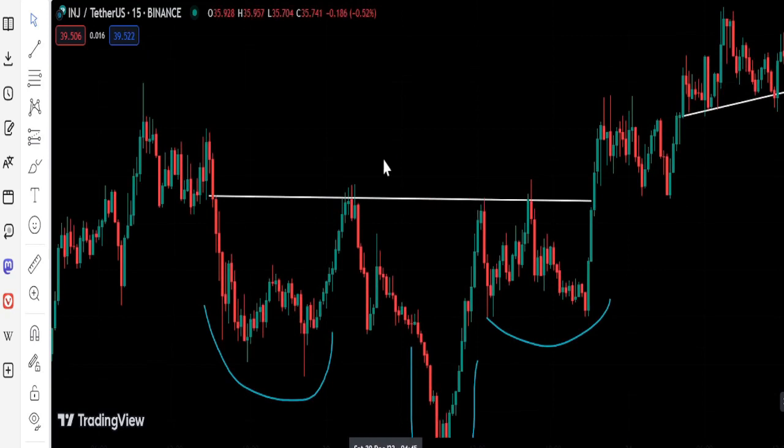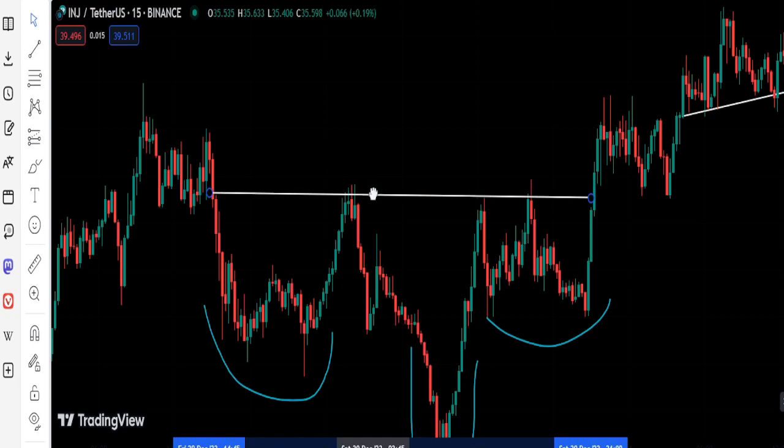Now, the way to draw your trend line, this is not a class for trend lines, but as you may already know, you are either considering the candles or the wick. In this case, I'm considering the candles.